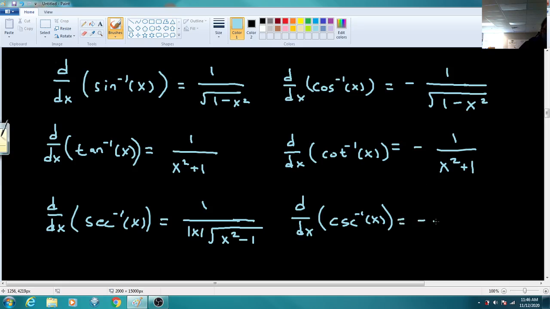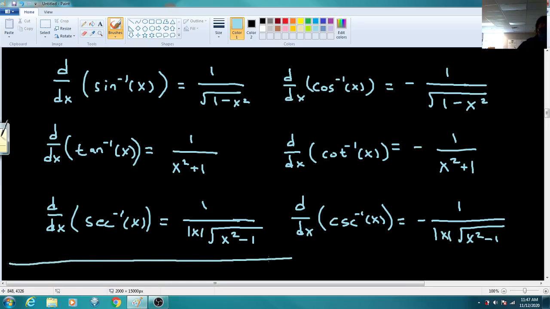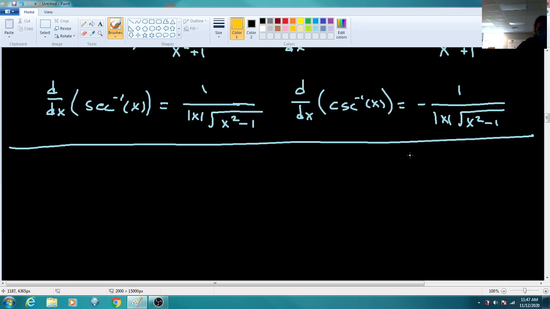And this will equal negative of that. So these are your 6 arc-trig functions. We're going to refer to them for the next group of problems. And we're going to kind of mix these together with the chain rule. So we'll do about 3 more examples of these and then say that that's good enough for the section.